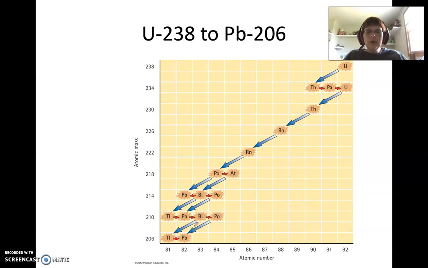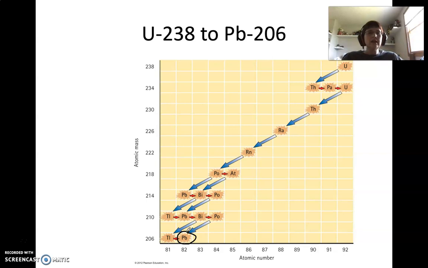Lead, bismuth, polonium, again, can't remember TL, and eventually we get lead. So uranium-238 actually transmutates through all of these steps until we get lead-206. So it goes through all of these breakdowns, all the way to the bottom.